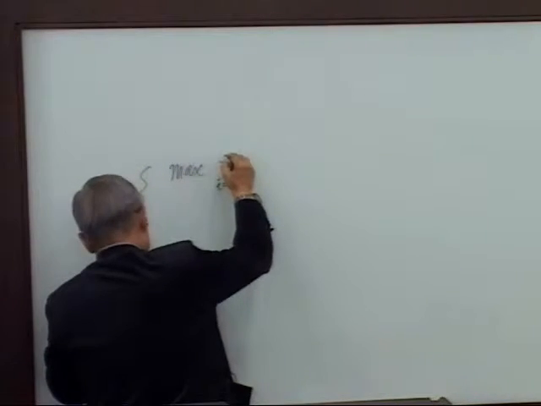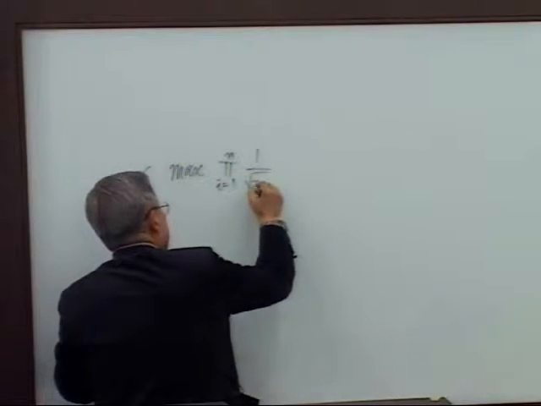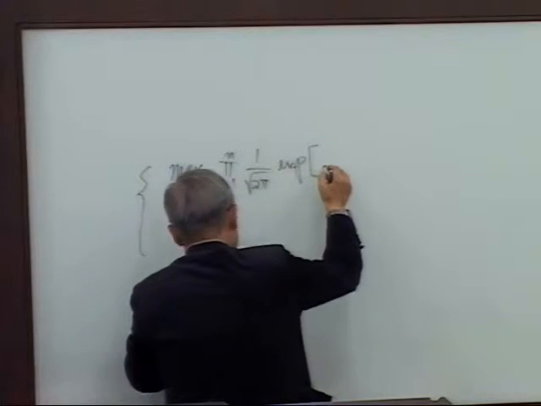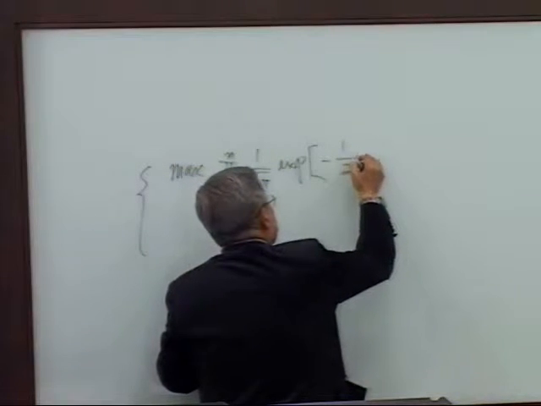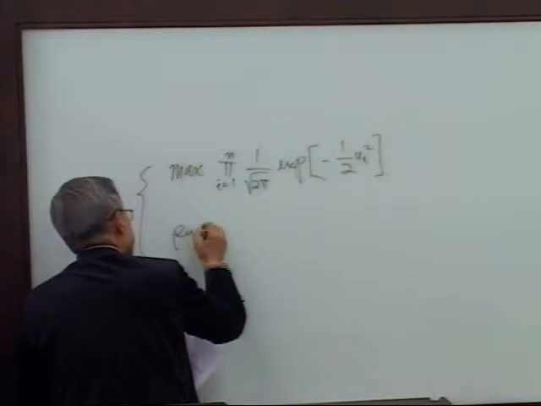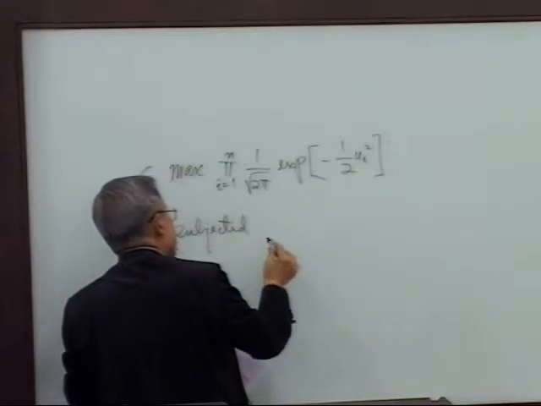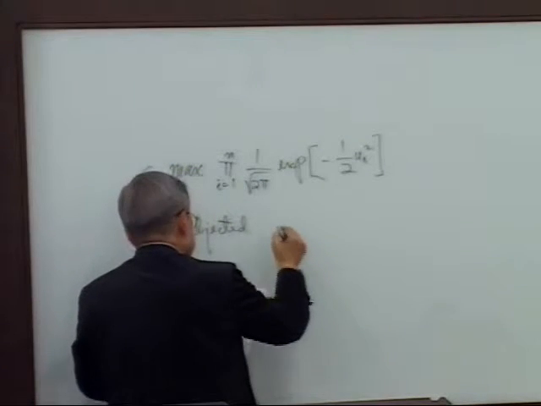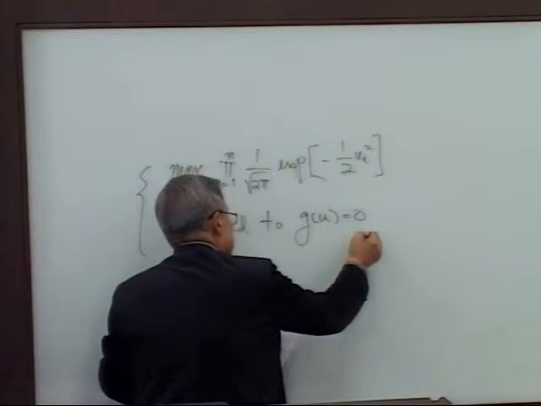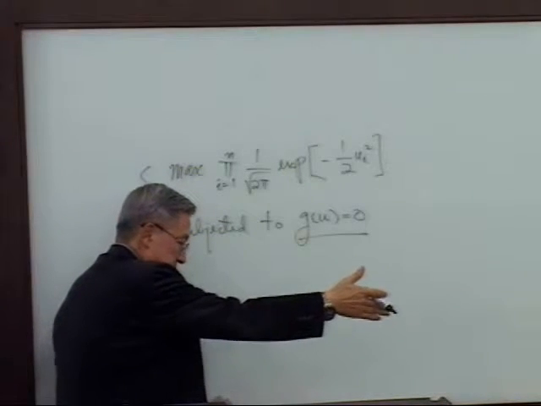Product over i equal to 1 to n, 1 over root 2 pi, the exponential of minus ui square, subject to, which means this has to be right on this surface. G(U) is equal to 0, right at the failure surface.